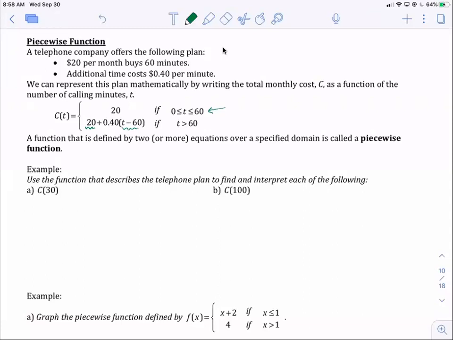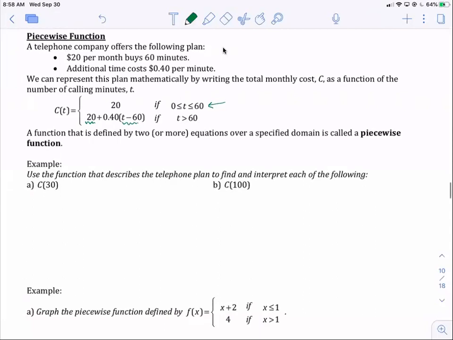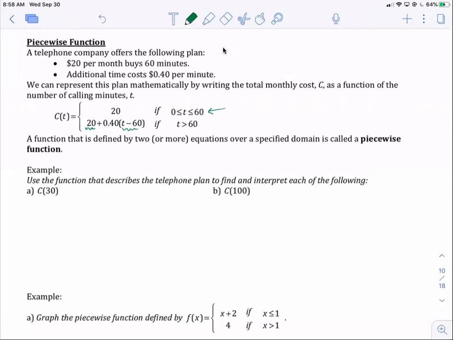So using that function that describes this telephone plan, interpret each of the following. So finding C of 30. Okay, well, when we find C of 30, 30 falls between 0 and 60.